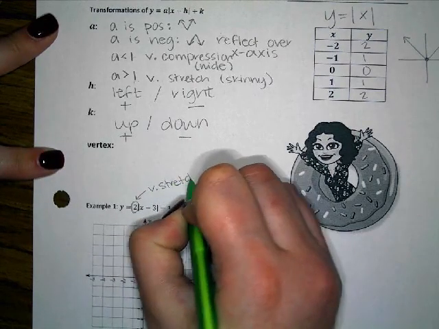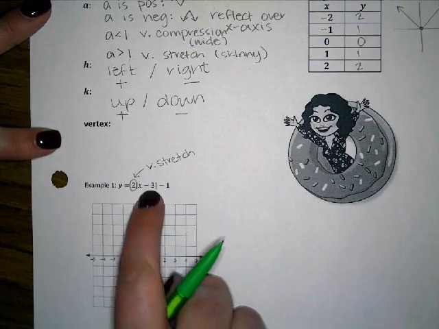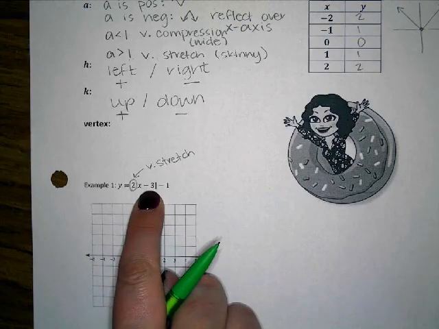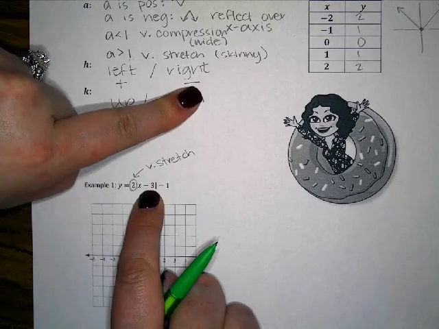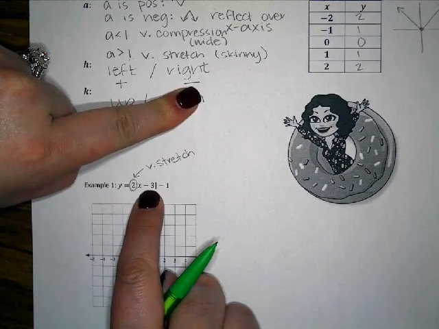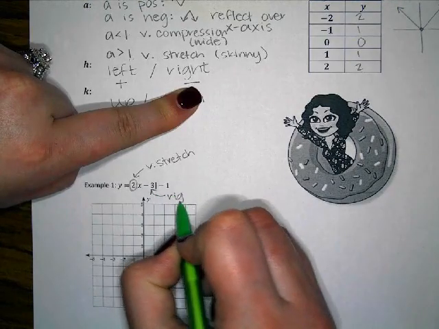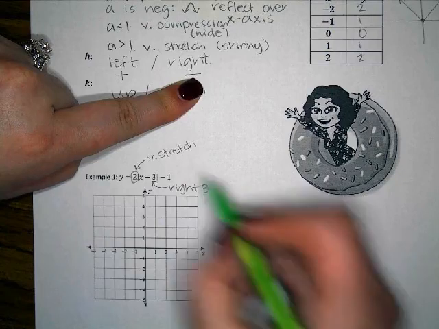Now, this says x minus 3. So where the h value is, it has a negative number. If it has a negative number, does it move to the right or does it move to the left? It moves to the right. So this one has moved to the right 3. Okay? And then on the end, it has a number that is negative.